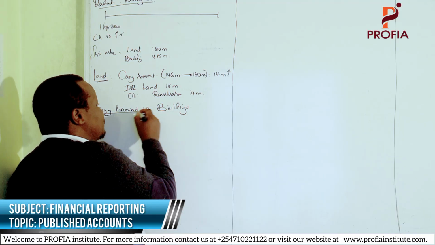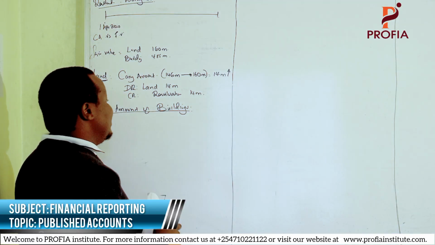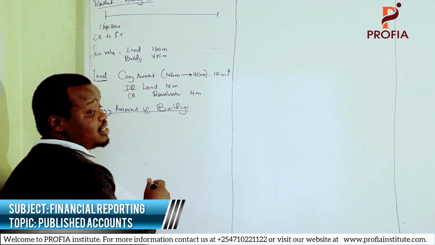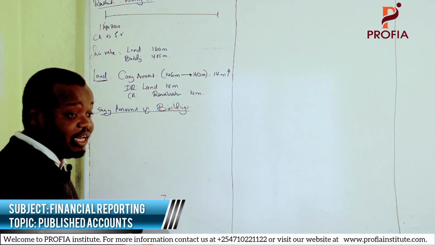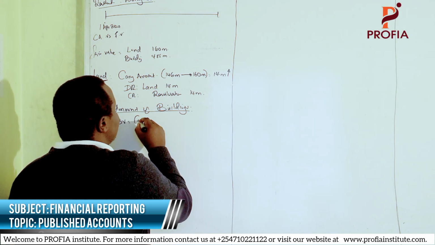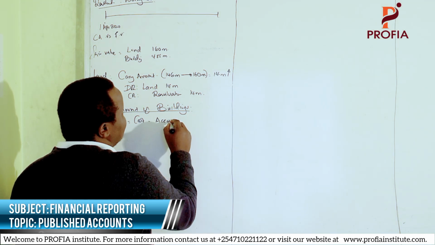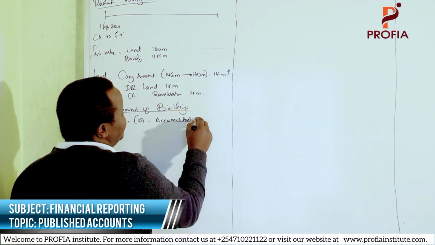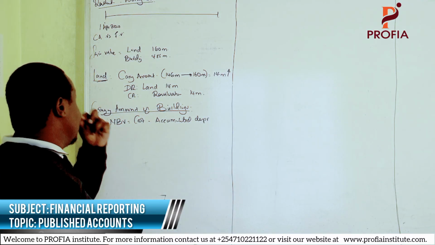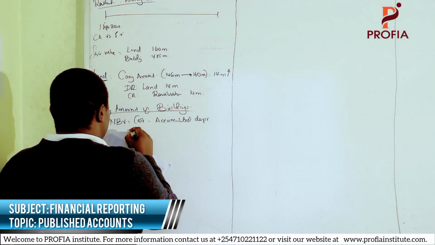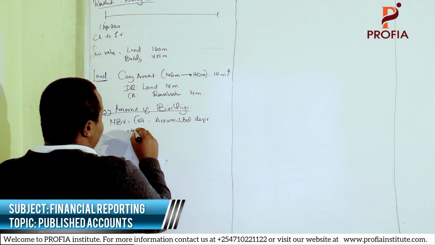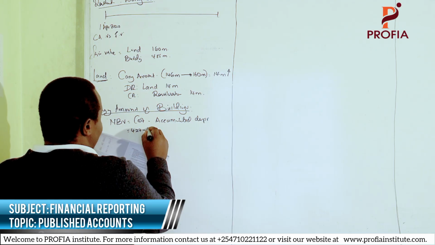We know the carrying amount for buildings is the net book value, and net book value is equal to cost minus accumulated depreciation. What was the cost as at 1st April 2020? The cost was simply 427 minus 146.